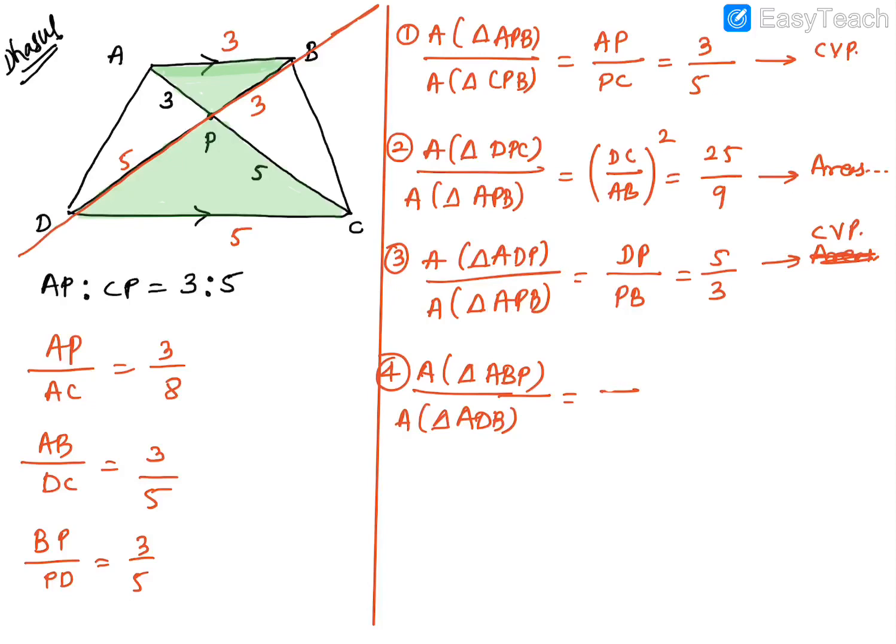So guys, first what property are we going to apply? ABP and ADB. So again, it's a common vertex property only. So what's the base of ABP? It's BP. What is the base of ADB? DB. So BP is how much? 3. DB is how much? 8. So again, common vertex property.